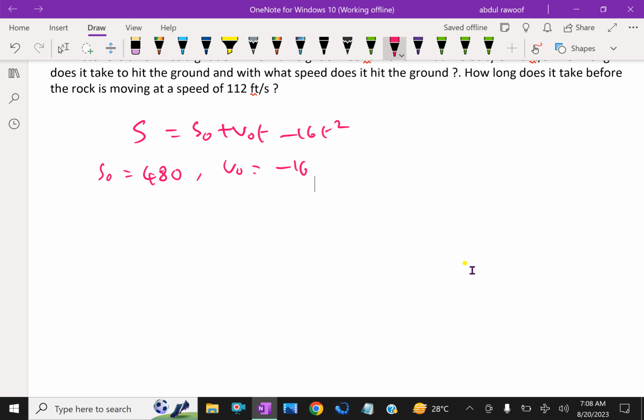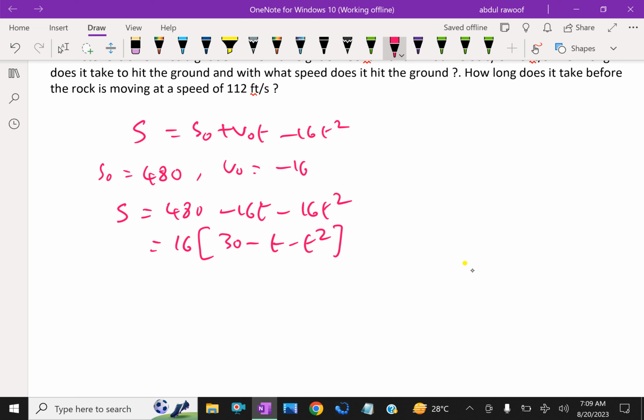Therefore s equals s0, that is 480, minus 16 t minus 16 t square. We took 16 out, then we have 30 minus t minus t square.